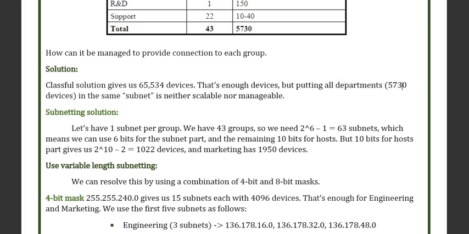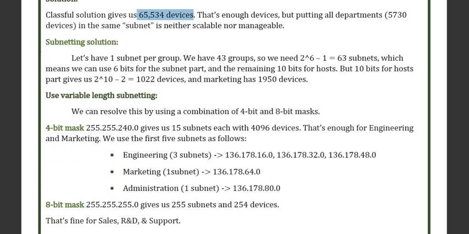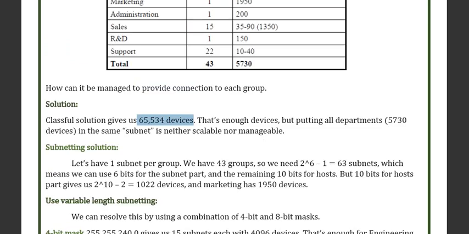So if we take this classful solution, then most of the addresses will be unused, and only 5730 will be used, so all the other IP addresses will be wasted. So we need variable length subnetting.